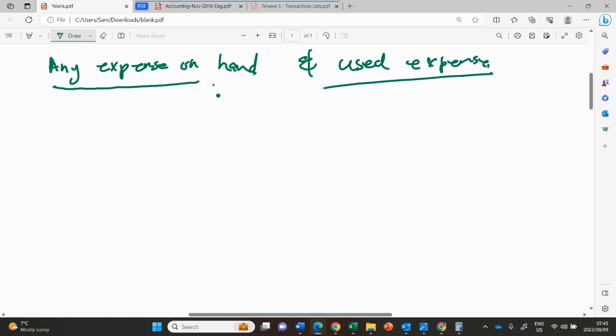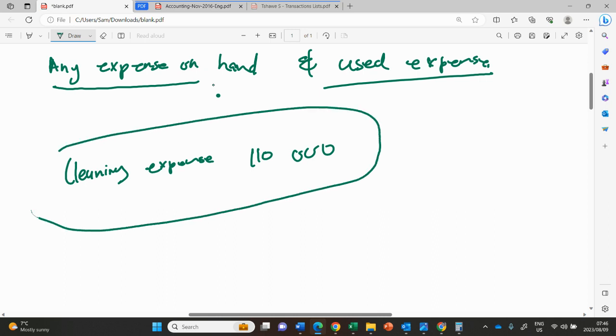Let's say cleaning expense, let's say 110,000. So we bought this cleaning expense in order to use them for a period of 12 months.